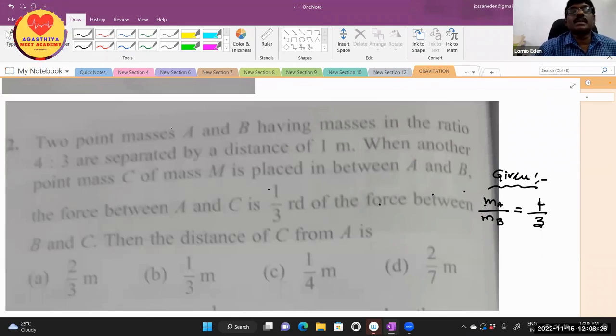When another mass C of mass M is placed between A and B, the force between A and C is 1/3 of the force between B and C. Consider this is the mass MA, and consider another mass MB.